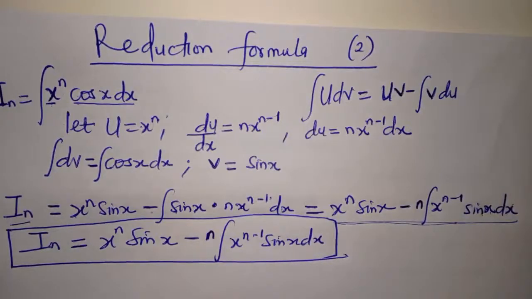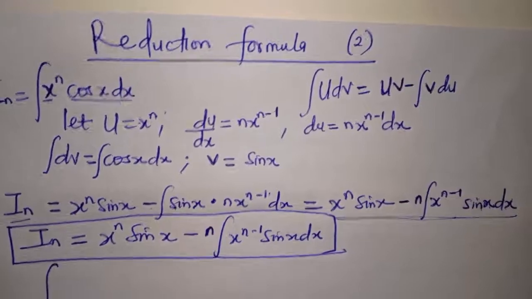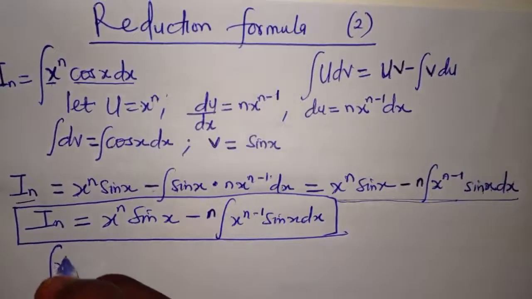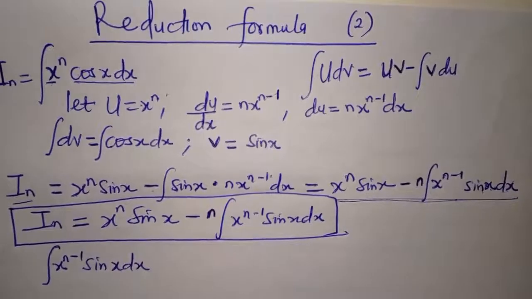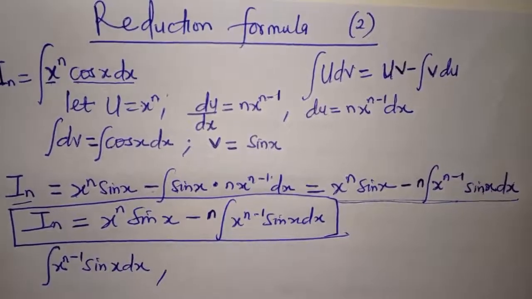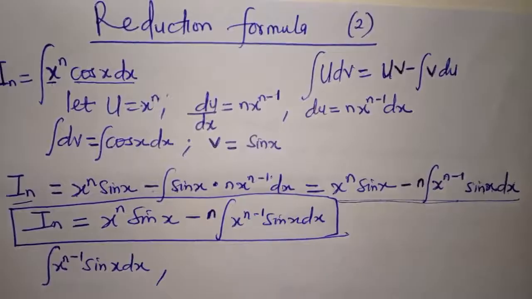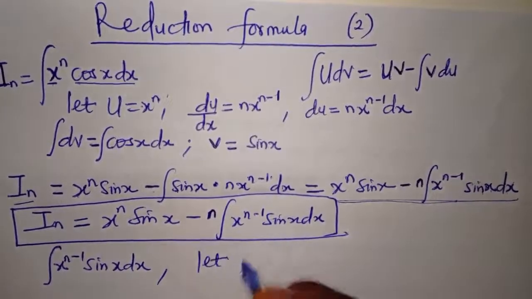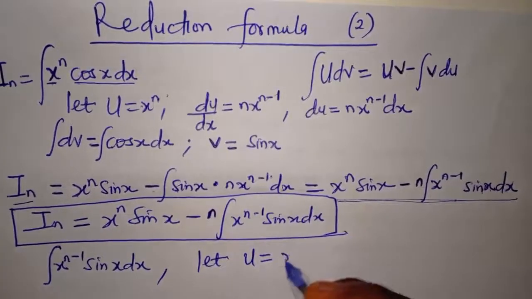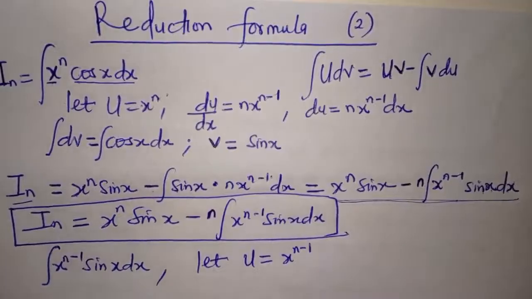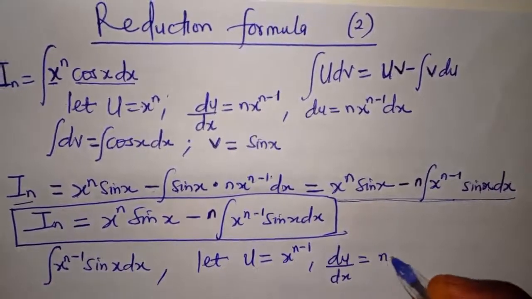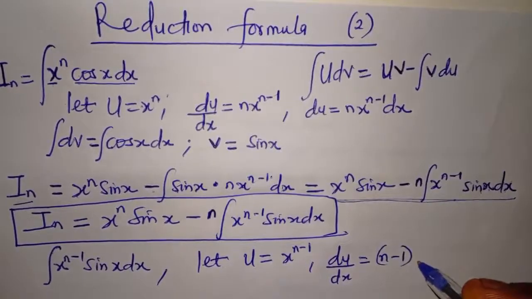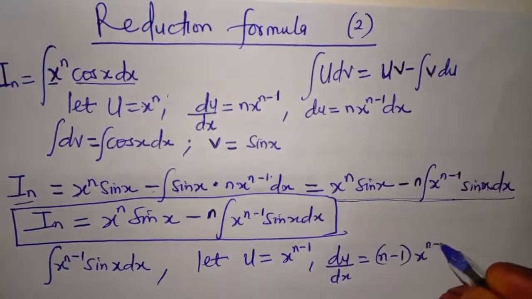Now, for this integral, we have x to the n minus 1 sine x dx. Using the same technique of integration by parts, we choose x to the n minus 1 as u, so that if we differentiate u with respect to x, that will be n minus 1 in bracket into x to the n minus 2.